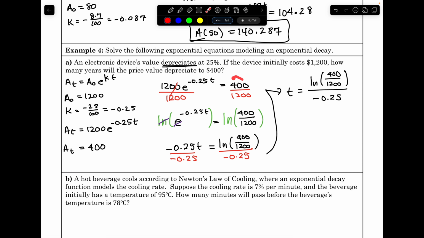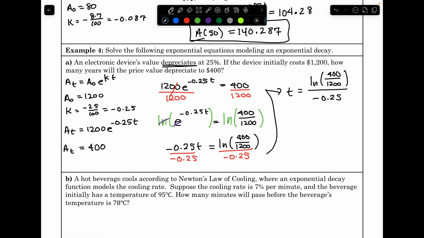So when I look at the decimal value of this, I'll see that this is going to be some number less than 1, while on the growing one, the larger number was always on top. But again, the format, the order of this thing is the same. The 400 is the amount we want to get to. The 1200 is the amount we started off with. So we get that ratio, take the natural log of that ratio, and then divide it again by that k value there.